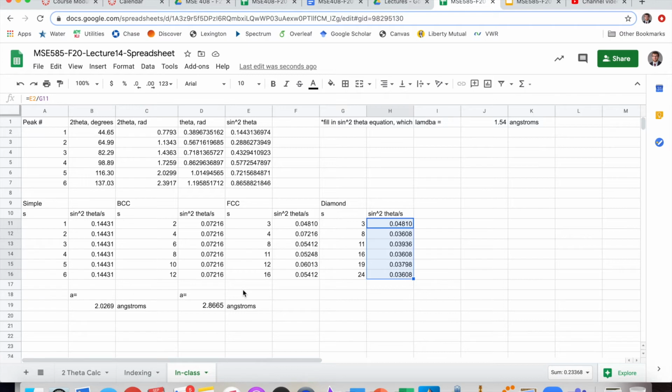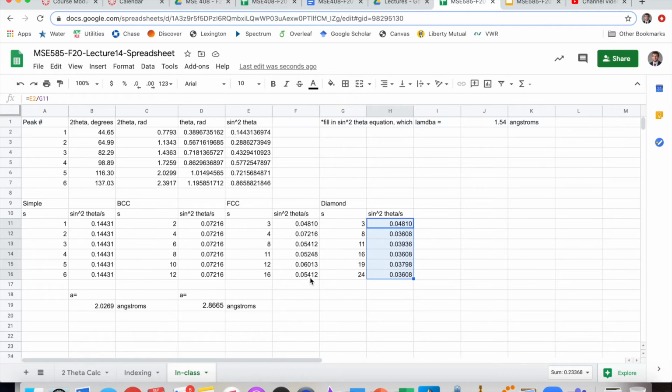So we've calculated this, and our next step, step 3, if you remember from the paper earlier, is to see if the values of sine squared theta over S are equal to one another or close within experimental error. And what you see is, for simple, they're exactly the same. So that could indicate that it's simple. However, they're also the exact same for BCC.